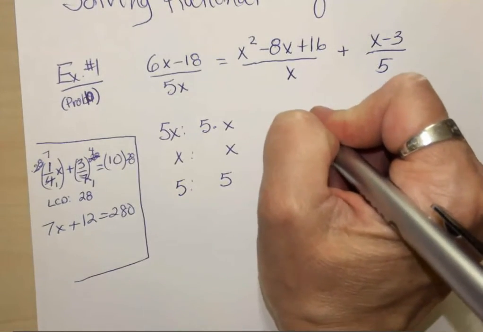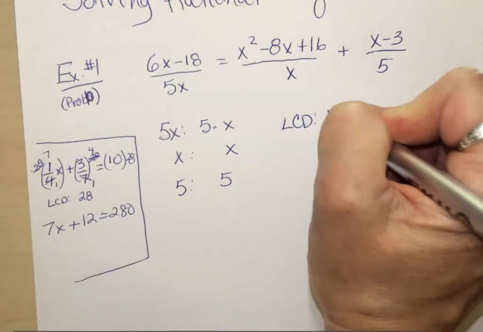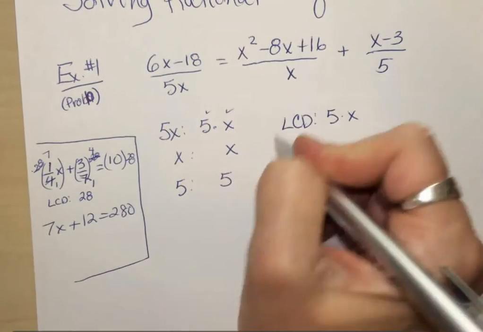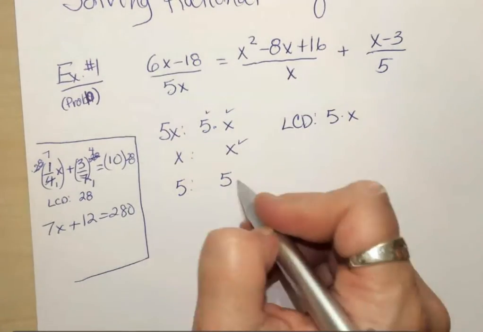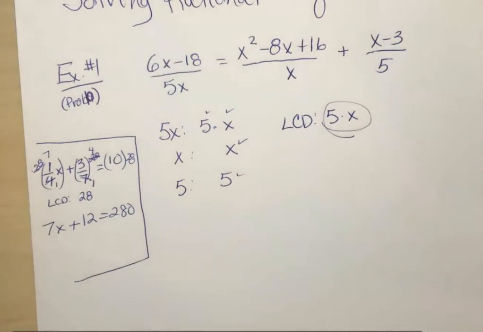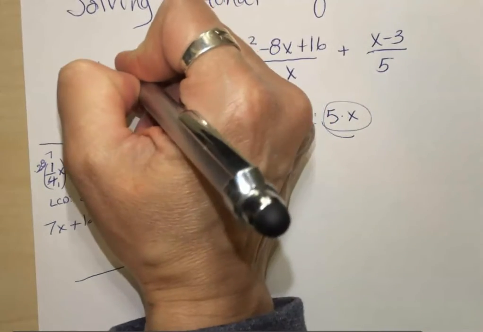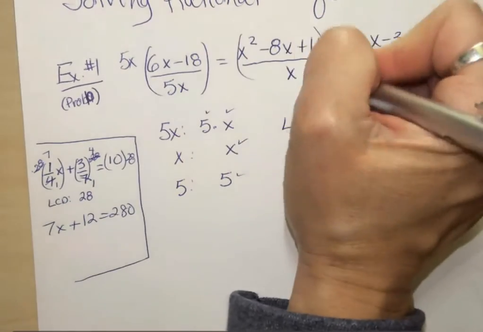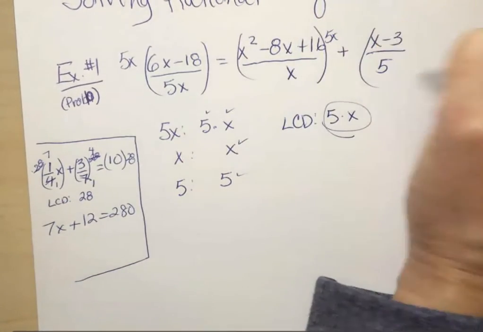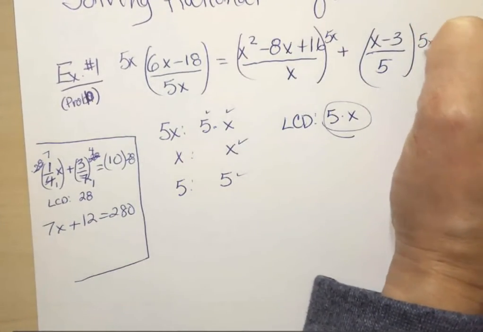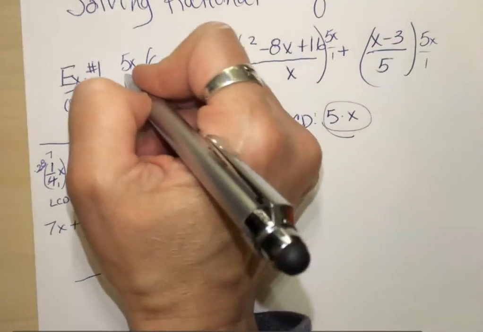So our LCD would be 5x. We already have an x, we already have a 5. So that is what we're going to multiply each and every thing by. I'm going to multiply this by 5x, this by 5x, and this by 5x. Remember, it's just 5x over 1.